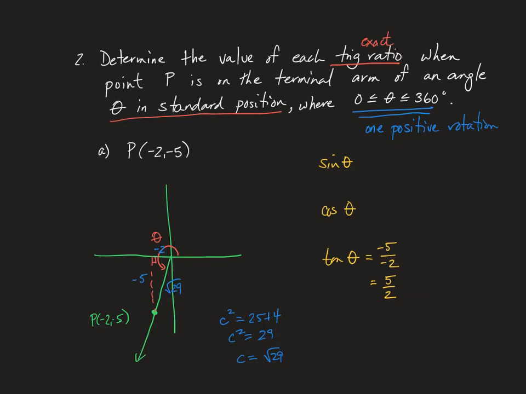Remember that because a hypotenuse is on a diagonal, it does not have a directional component. So all hypotenuses are positive. And now that I have that, I can go through and I can determine my exact value. So the sine of it is opposite over hypotenuse, and the cos of theta is adjacent over hypotenuse. And there we go. Perfect.